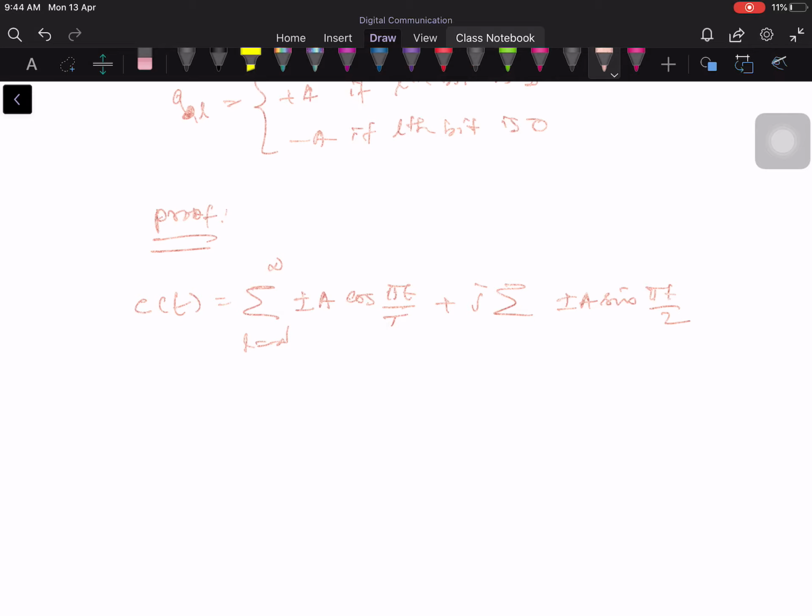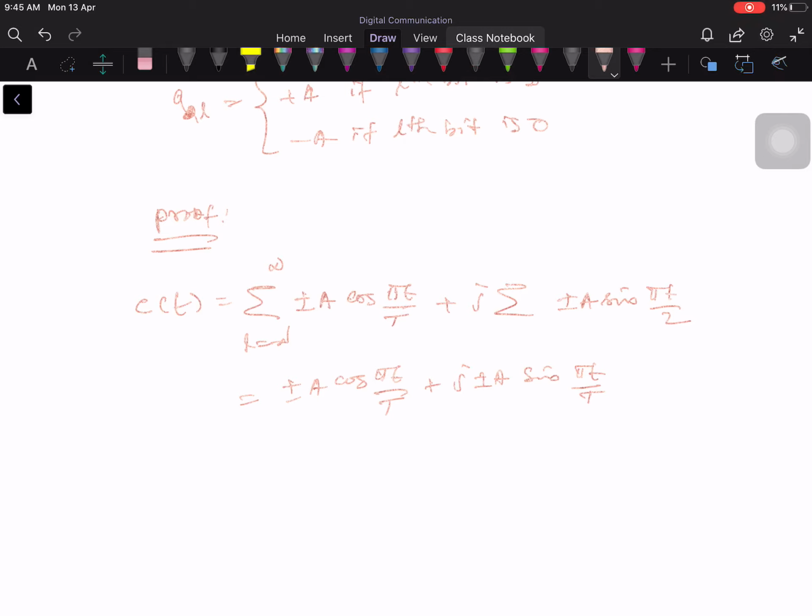And now for all l it takes either plus A or minus A, so I can remove this summation. So plus or minus A times cos(pi t by T) plus j times plus or minus A times sin(pi t by T).